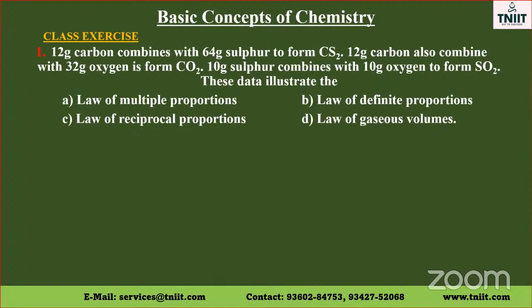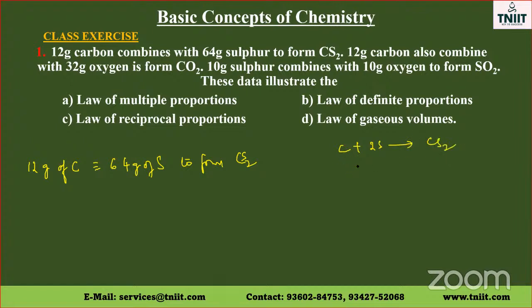Now 12 grams of carbon combines with 64 grams of sulfur to form carbon disulfide. We can write it like this: CS2, carbon plus sulfur gives carbon disulfide. That is the first case.